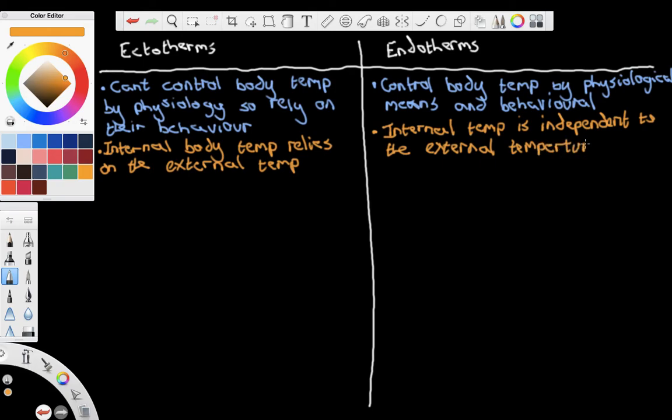But I am going to put there mostly, because obviously it is affected to some degree. If I leave you outside, you will get very cold if it's very icy outside. So I'm just going to put there in brackets mostly.